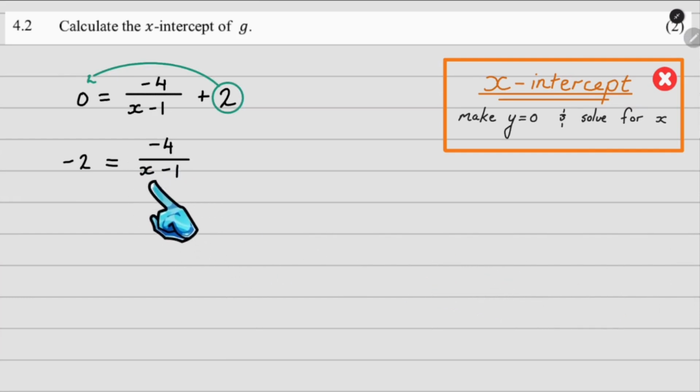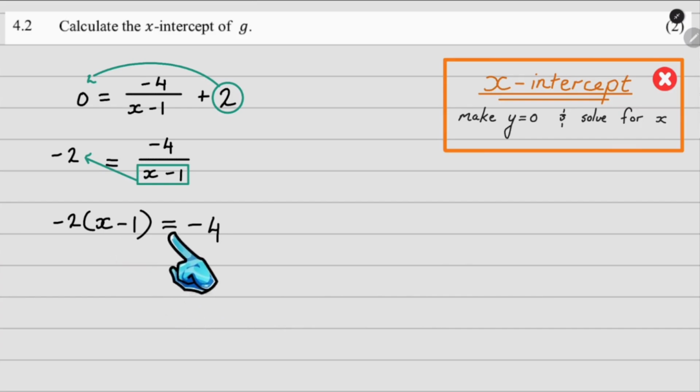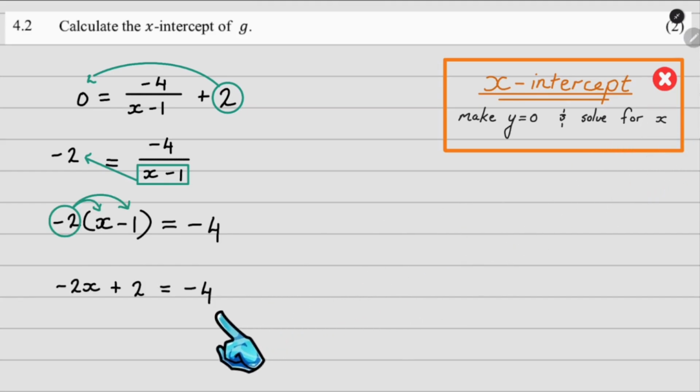Now I want to bring this up. It's sort of a shortcut of cross multiplication. When you bring it up, just remember to keep it in brackets because we're going to distribute this negative 2 in next. After we've distributed, we're going to take that 2 over and it becomes minus 2, minus 4, minus 2 is minus 6.